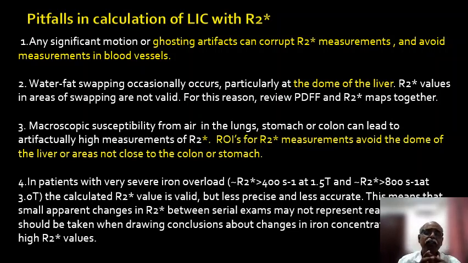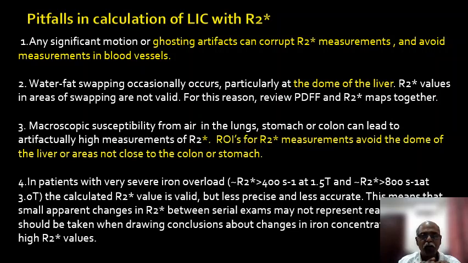But if there is very excessive iron overload, that means more than 20 milligram per gram, then the liver signal decay occurs at, for example, 0.8 milliseconds or 0.5 milliseconds. But you are interrogating at 1 millisecond. That means already the liver has reached its peak desaturation, peak signal decay. Then you are going to underestimate the liver iron concentration.